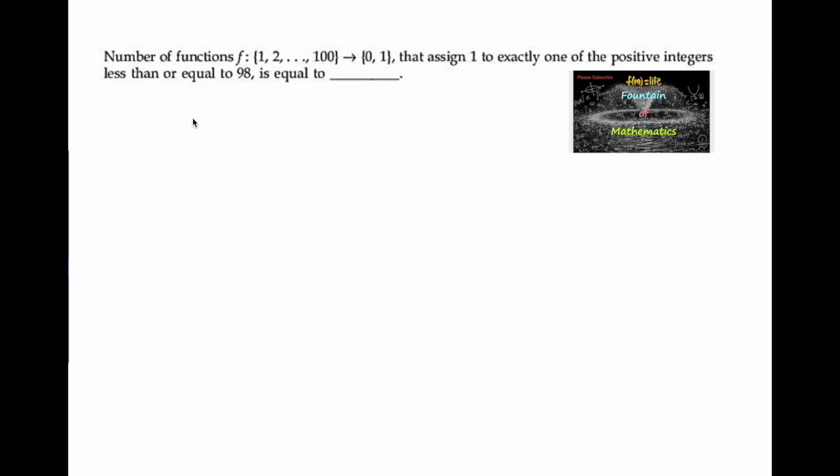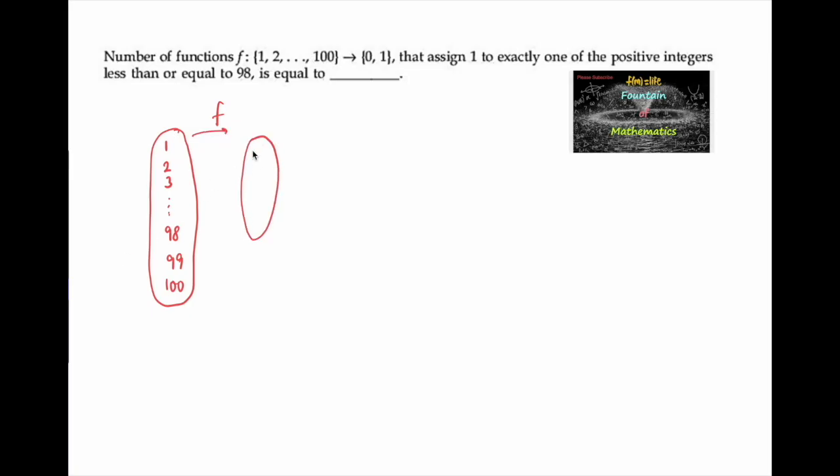Number of functions f from 1, 2, 3, and so on up to 98, 99, and 100. So total 100 numbers are there in the domain. So map it to 0 and 1 with only 2 elements, and it is given that assign 1 to exactly one of the positive integers less than or equal to 98.